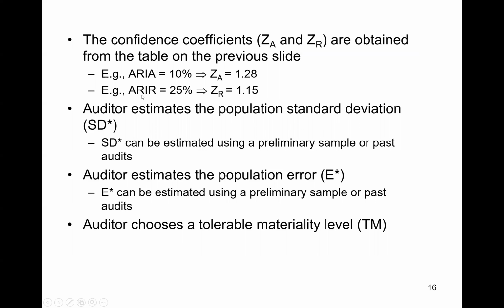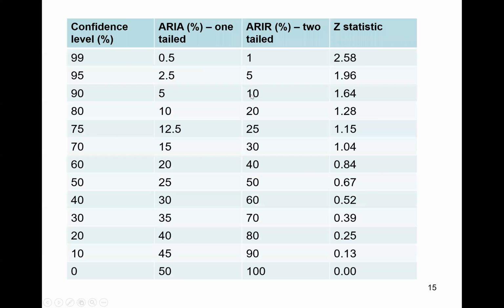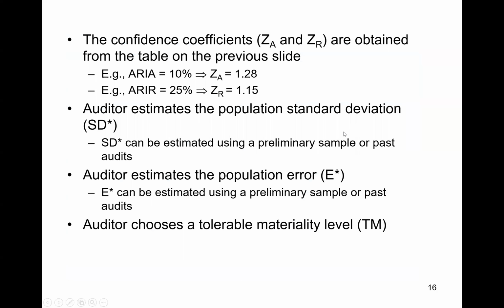Conversely, if the auditor chooses a risk of incorrect rejection of 25%, that gives us a Z statistic of 1.15. Right? Or in other words, here, the risk of incorrect rejection is 25%, so the Z statistic is 1.15. And it's totally up to the auditor what they choose as these two risks, right?